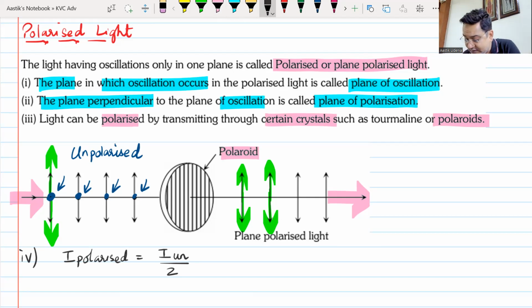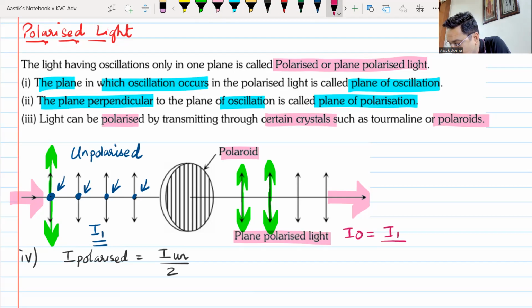If I say that the intensity here is I1 for unpolarized light, can you tell me what will be the intensity of the polarized light? I1 by 2. If I call the intensity of the plane polarized light I naught, this I naught will be equal to I1 by 2. The intensity becomes half. Can you remember this?